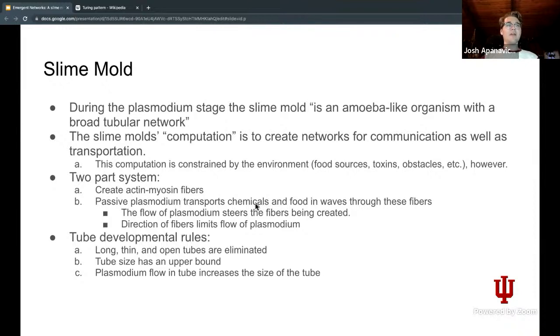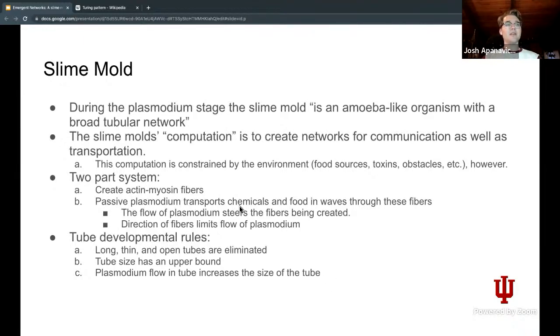While it's exploring, it has this 2-part system. It's a tubular network, so as it's exploring, it creates these actin myosin fibers, and it transports chemicals and food throughout these to communicate the direction and whether it's heading in an optimal direction or not. So the flow of plasmodium steers the fibers being created, and the direction of the fibers limits the flow of the plasmodium.